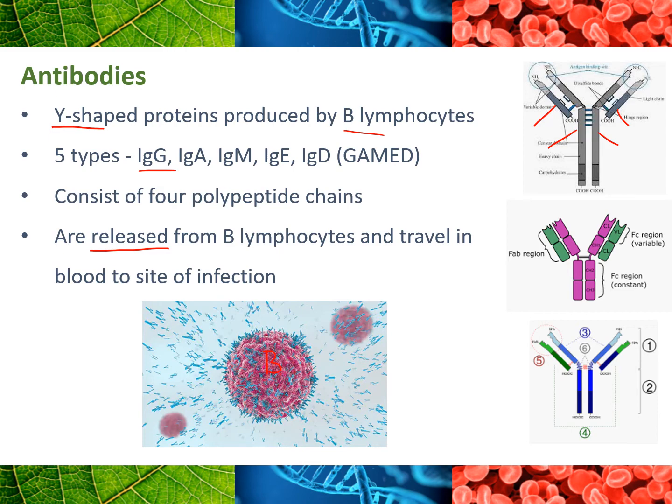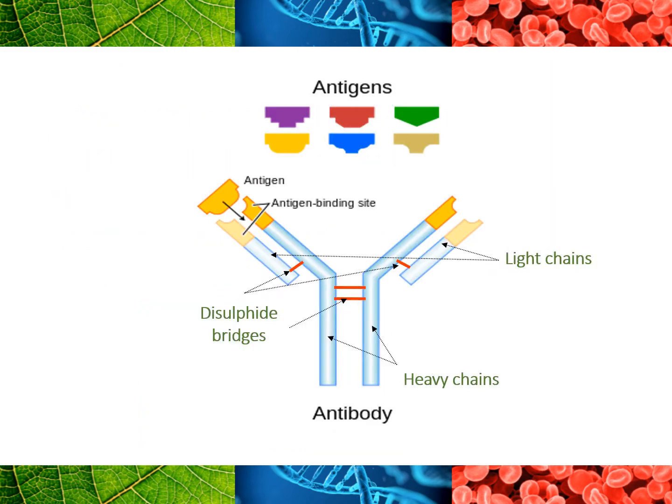So if this is my B lymphocyte here, you can see all these antibodies, the little blue bits all over the surface, but then they actually get released from that B cell. They'll find the closest bloodstream, enter there, and then they can travel to wherever they need to go to fight the infection. If you went on Google now and looked up antibody structure, you're going to see lots of different ways of representing it, but there's always the same kind of key things, which we will look at here.